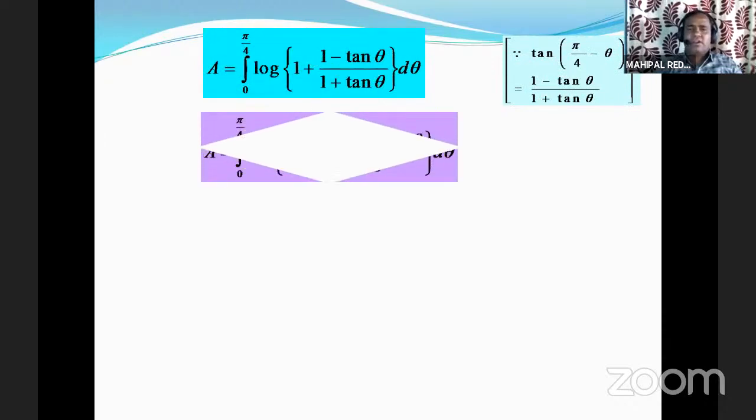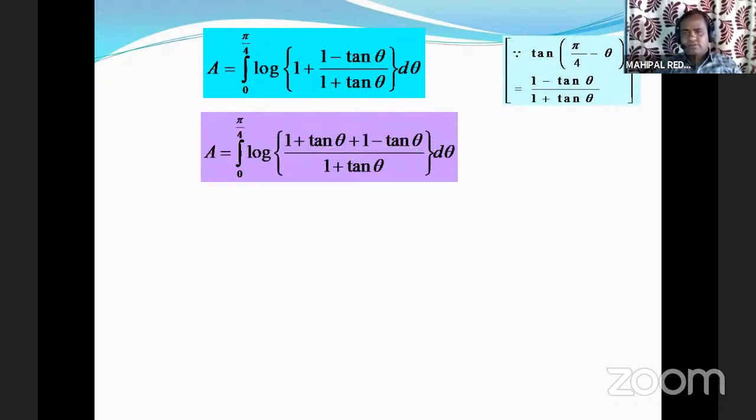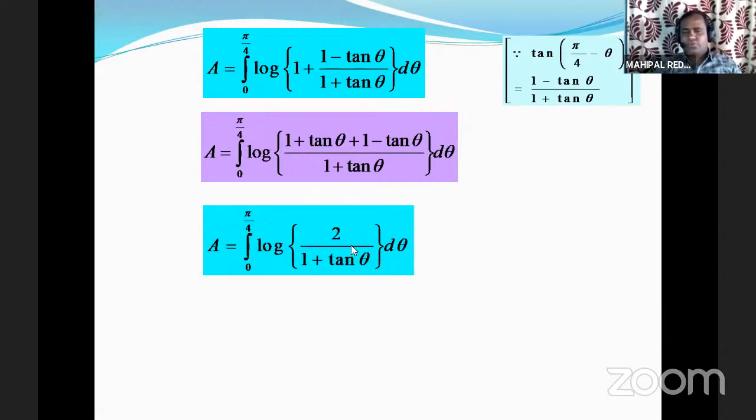And here we have to find the LCM. The LCM is 1 plus tan theta. So the numerator becomes 1 plus tan theta plus 1 minus tan theta. Plus tan theta and minus tan theta get cancelled, the remaining numerator is 2 only. So 2 by 1 plus tan theta.